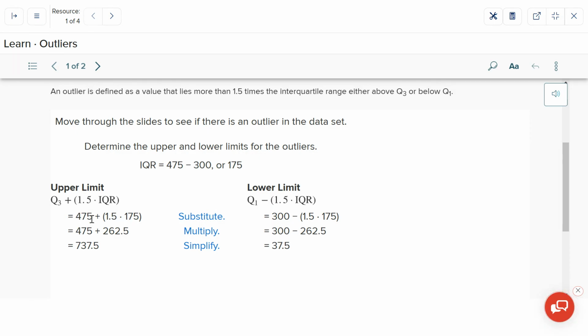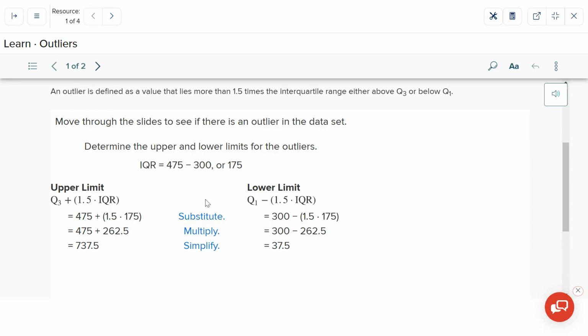We've got 475 plus, in parentheses, 1.5 times 175. They're simplifying the parentheses down to 262.5, and then we're adding that to 475 to get 737.5. So you just have to remember this 1.5 times IQR thing, and then you add it to the quartile.